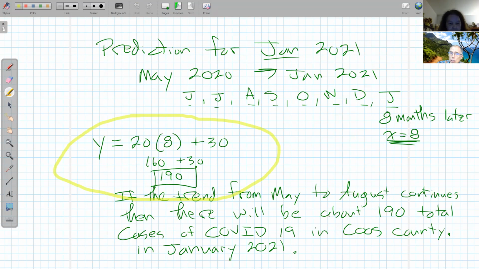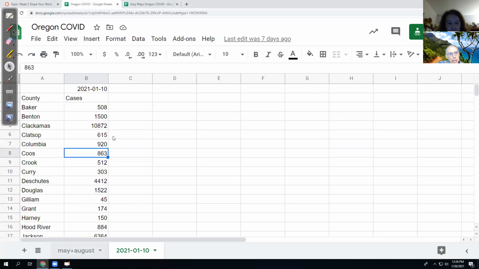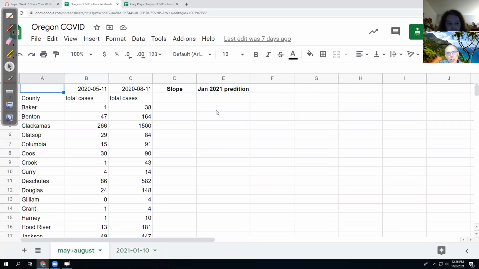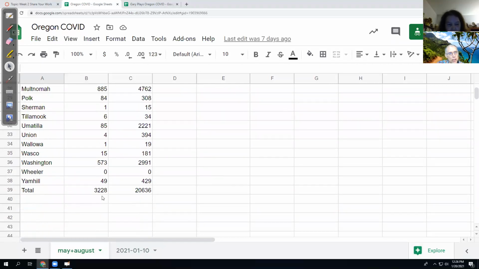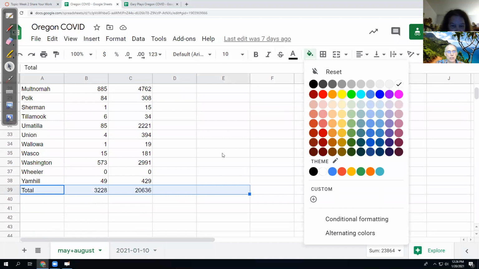Overall, what I discovered, though, is that the May to August trends, if we continued it to predict January, underestimated January drastically, is what I found. So if I just do that on the total for Oregon, you can see what I mean. So these are the totals here. And let's highlight that.